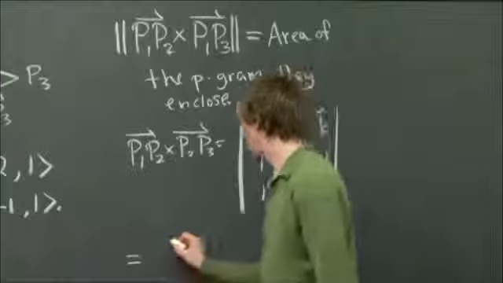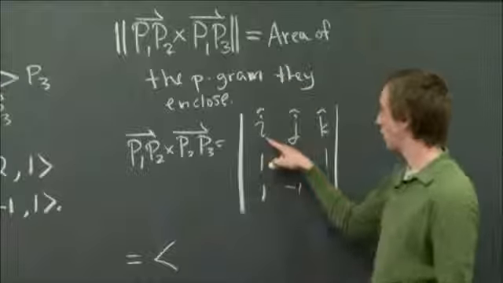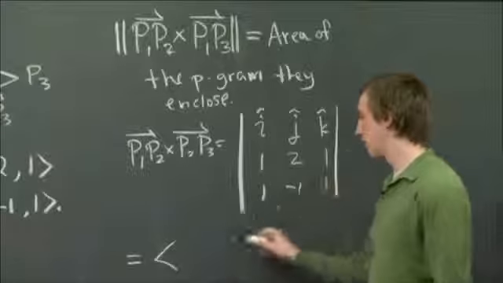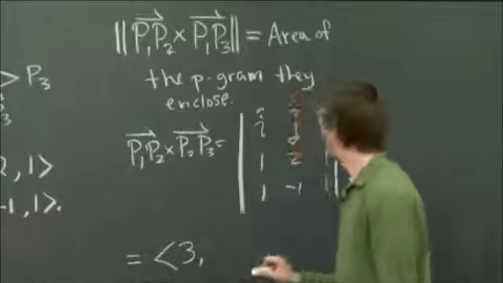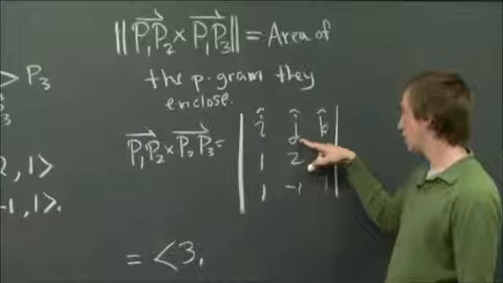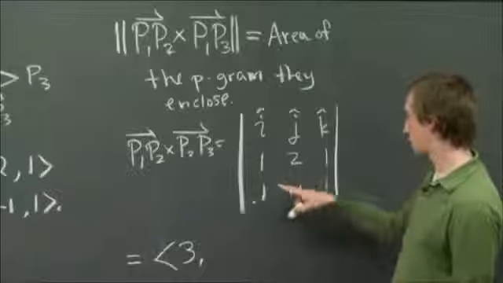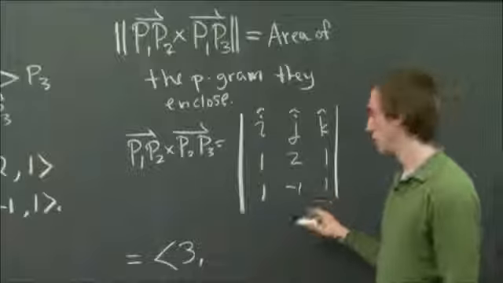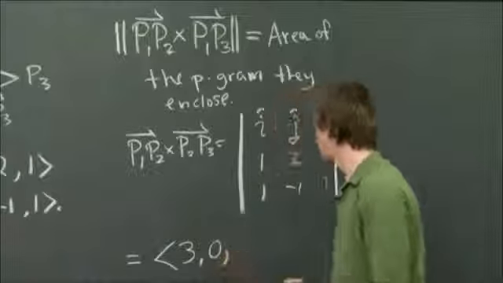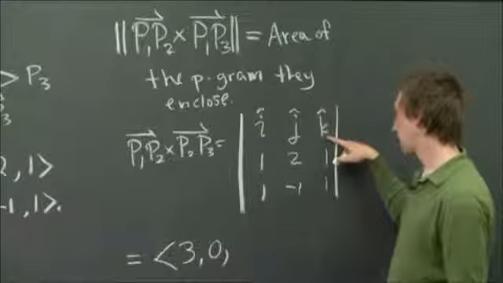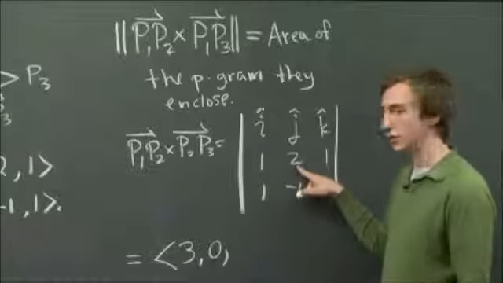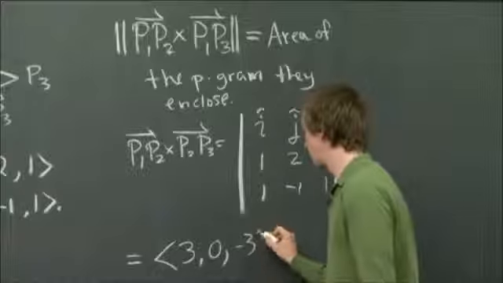For the i component, we get 2 minus a negative 1, so we get 3. Now the j component, if we look at the cofactor matrix, it's just 1, 1, 1, 1, and that has determinant 0. So our middle component is just 0. And finally, the k component, we get minus 1 minus another 2, so altogether we get minus 3.